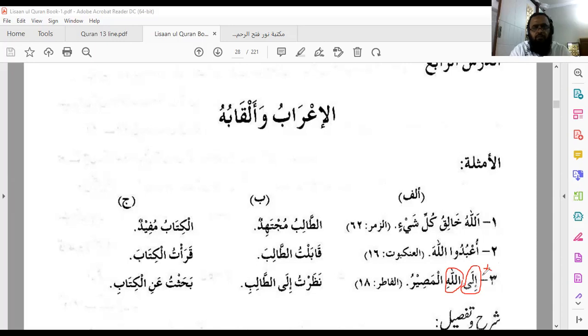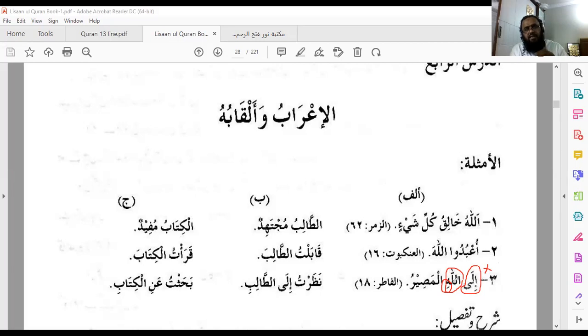Now because of the word ila, there is kasra on lafz Allah. Now how can we identify the jar? Either there will be kasra or kasratain.